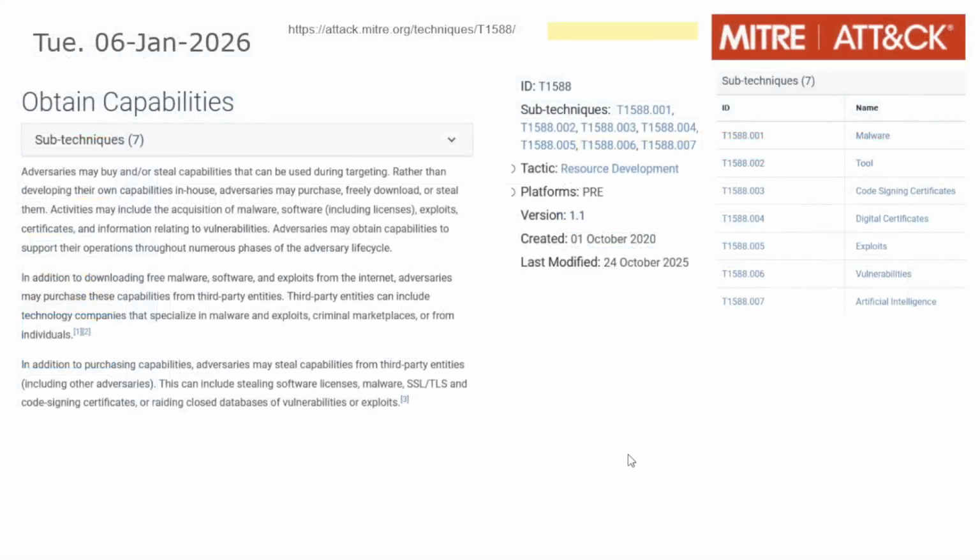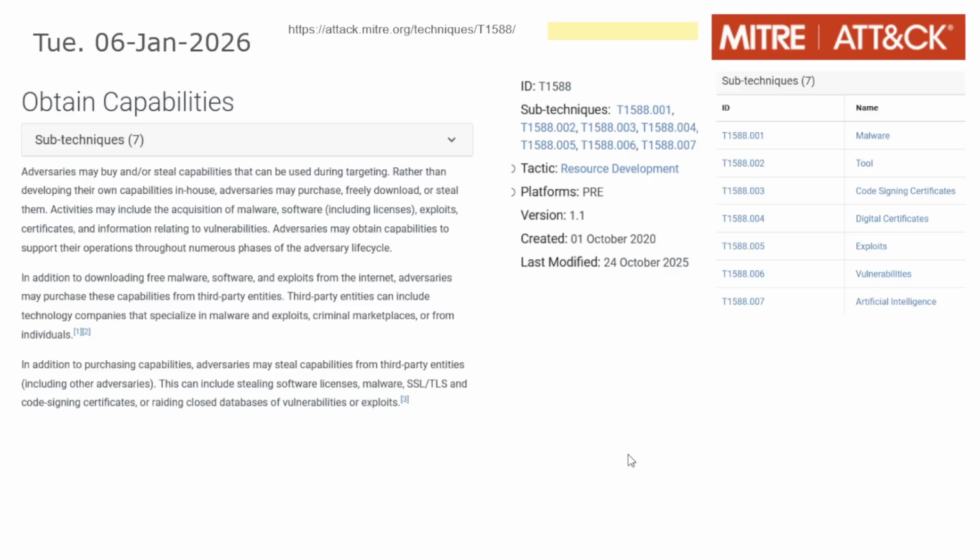So, Obtain Capabilities. We are in the Resource Development phase here. As you can see in the middle, we have some sub-techniques. Those are malware, tool, code signing certificates, digital certificates, exploits, vulnerabilities, and as a last point, artificial intelligence.